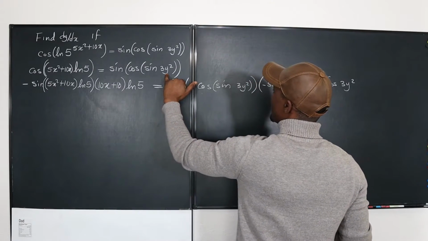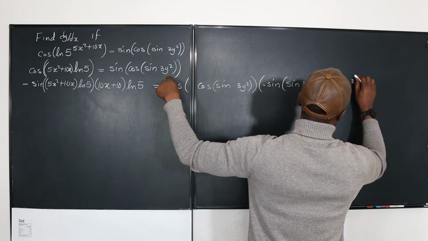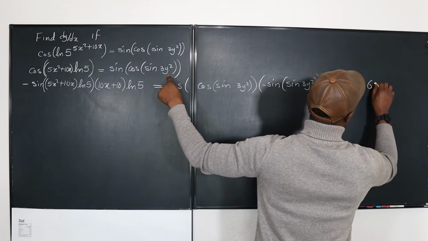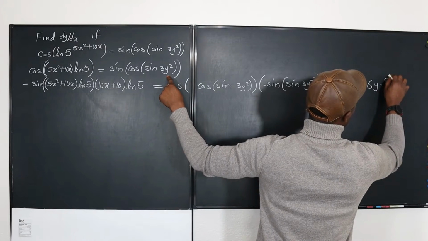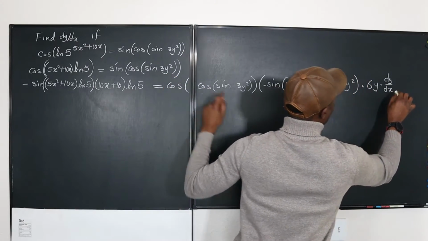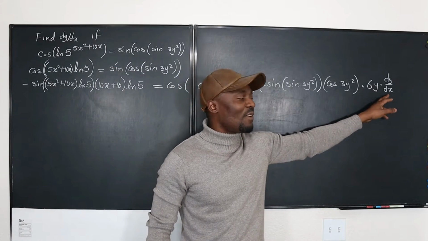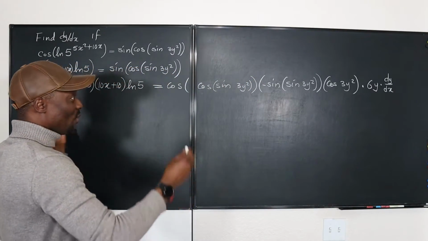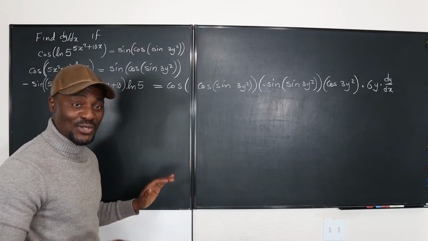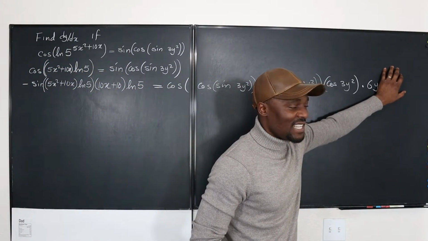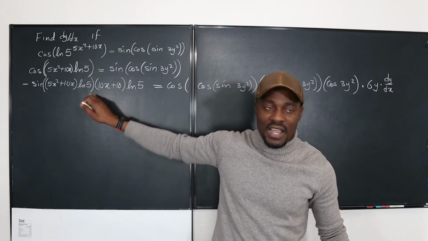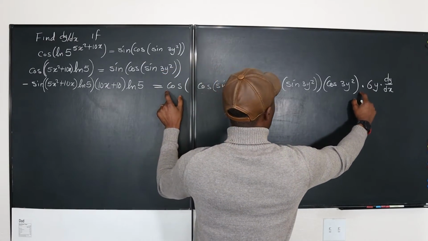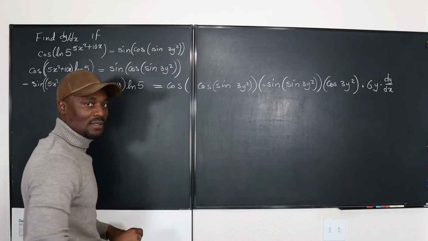And now you take the derivative of 3y squared, which is going to be times 6y dy dx. So this is where your dy dx shows up. You see how far away you have to find dy dx? Well, there's only one dy dx, so the answer to this question is dy dx is equal to the left-hand side divided by the right-hand side. That's it. If you just push this under this, that's your answer.